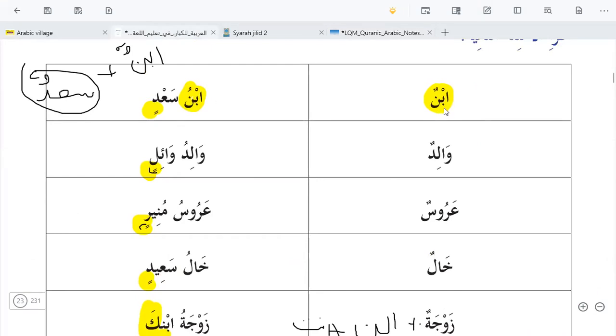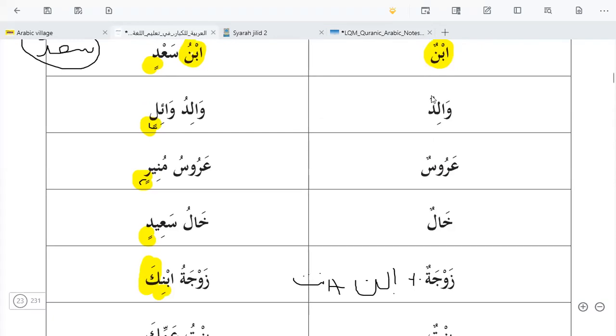Ibnun, son, and Ibnu Sa'adin, son of Sa'ad. Ibnu is mudaf here, Sa'adin is mudaf ilay, and it is taking kasra here. Ibnun and Sa'adun are two nouns, and when they are mudaf and mudaf ilay, Ibnun becomes Ibnu and Sa'adun becomes Sa'adin, son of Sa'ad.